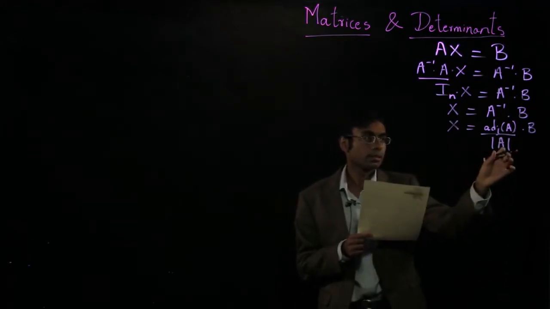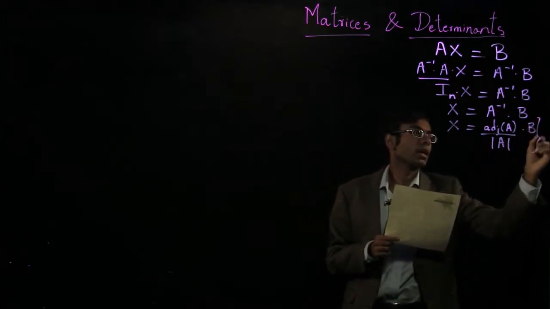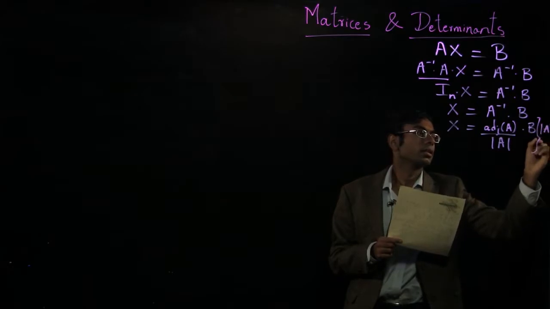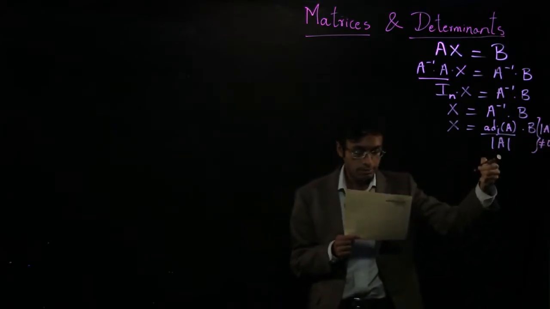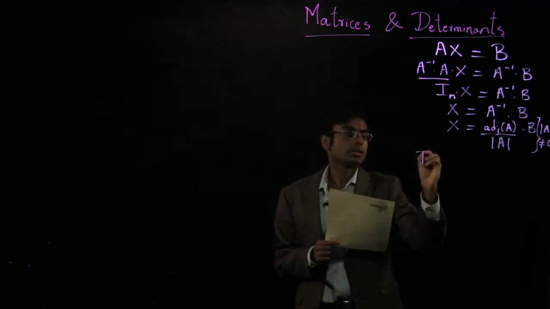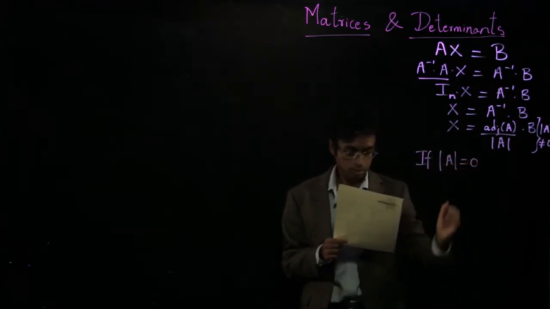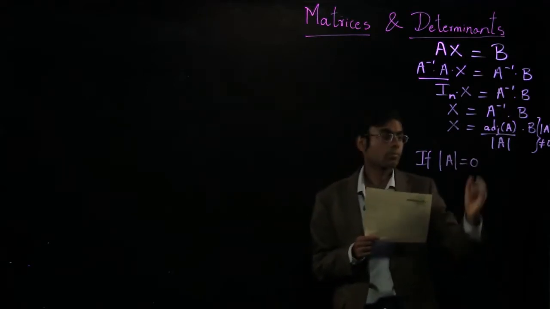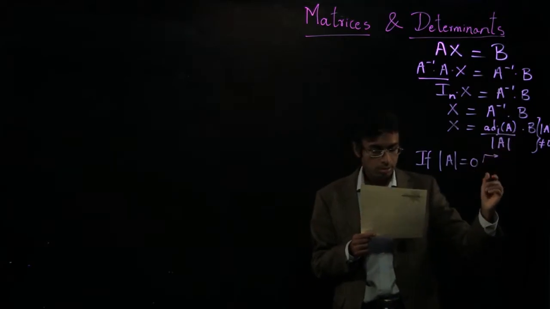Now there are some special cases. This thing works fine if the determinant is non-zero. Now what happens if the determinant is 0? So the special case, if determinant of A is 0, look at the numerator of this expression.